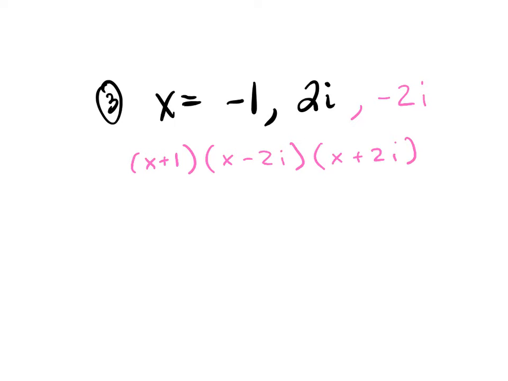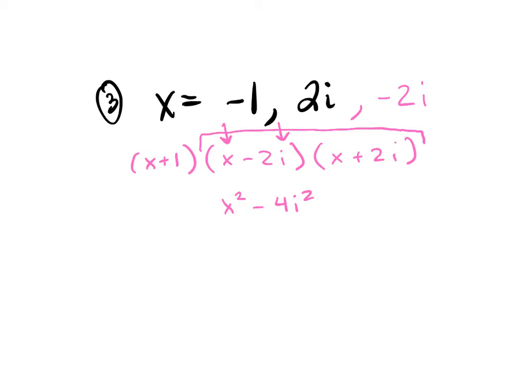Perfect. So now anytime we have complex numbers, we should FOIL them out. When they're conjugates of each other, we can just square the first term and square the second term. So this is our shortcut. So we have x squared minus 4i squared.